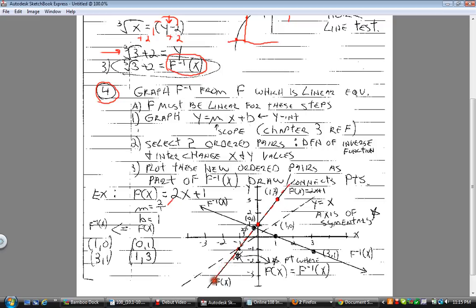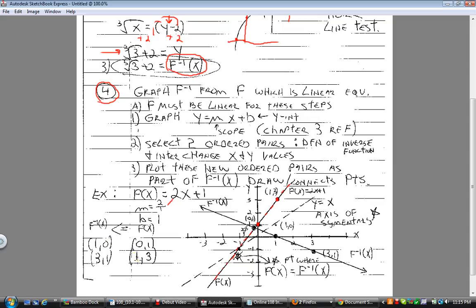Okay. Now, done that before. That's just a quick review. The fastest way to do these is to realize you list the two ordered pairs from the function, 0, 1 and 1, 3, and then you swap the x and y, so 0, 1 becomes 1, 0. When you swap them, in graphing, this is the new x, y.